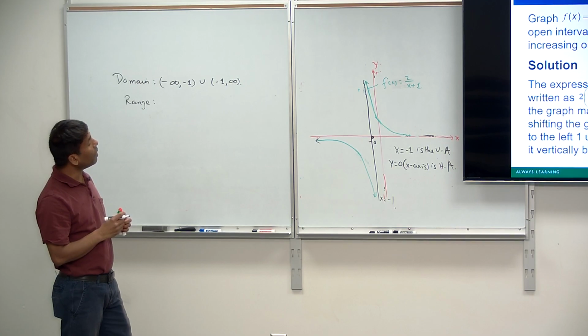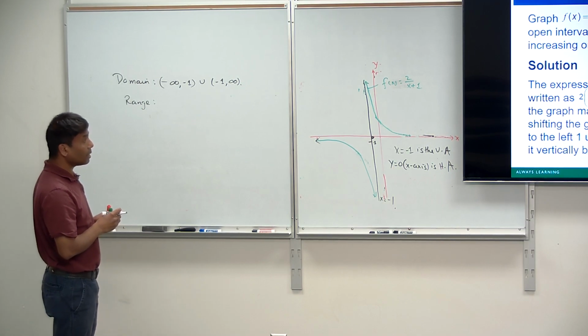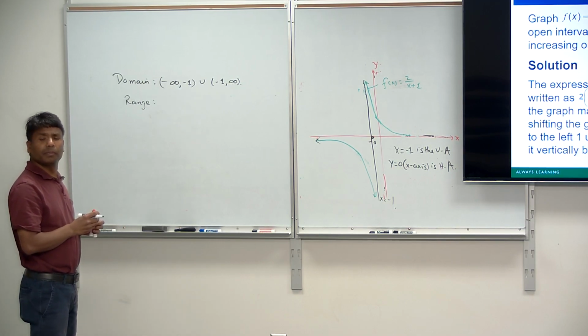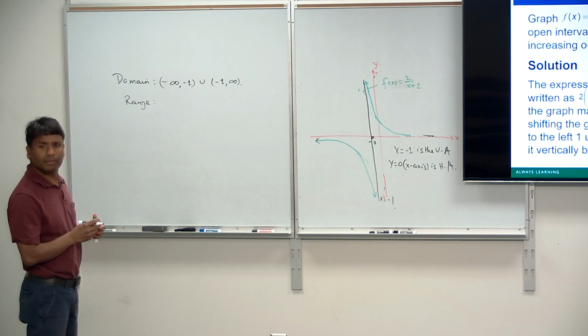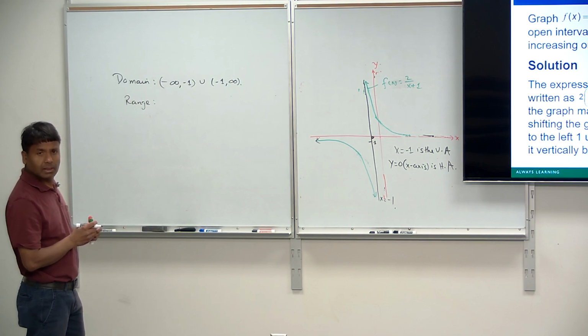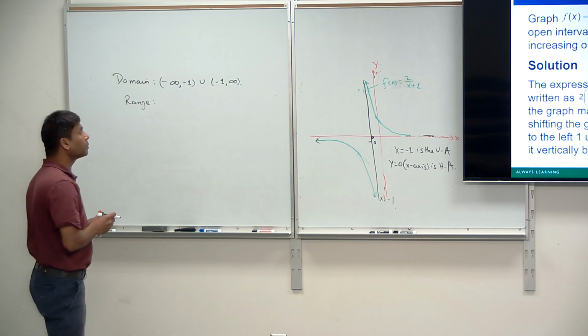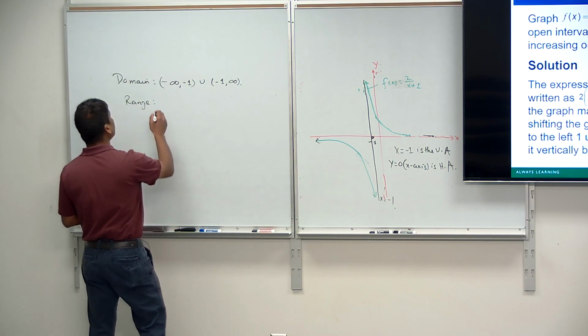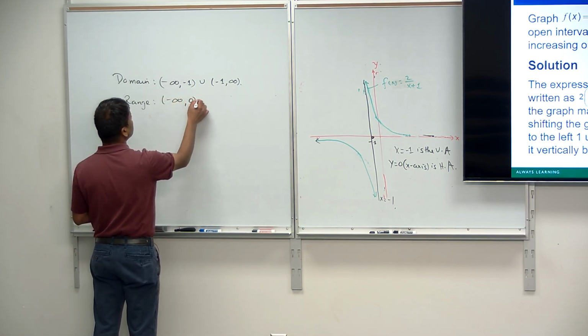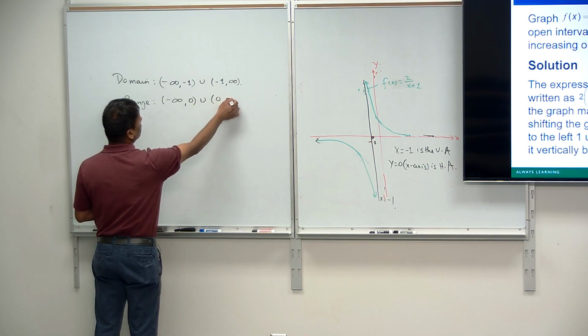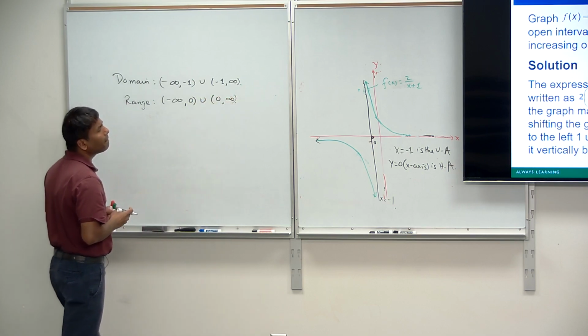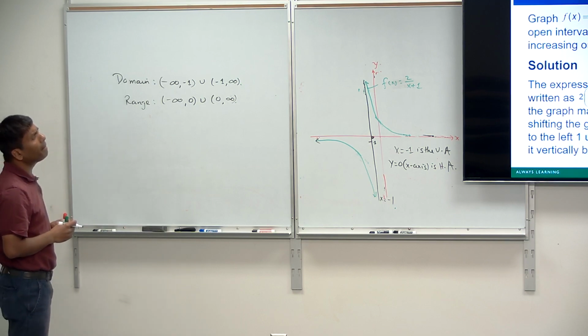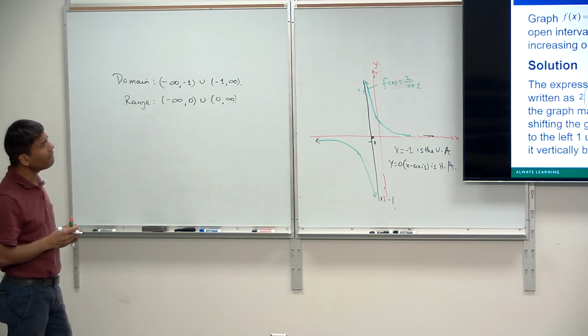So do you have a value of x for which y is 0? Y is never 0, right? Yeah. Right? So the range is negative infinity comma 0 union 0 comma positive infinity. Make sense?